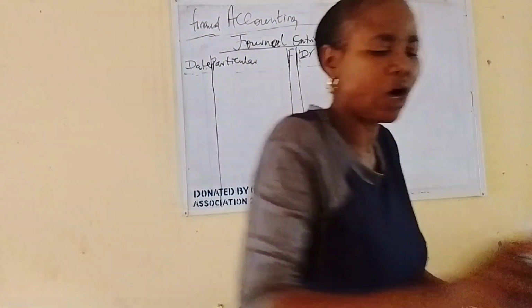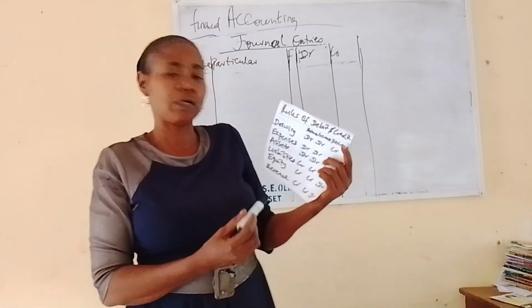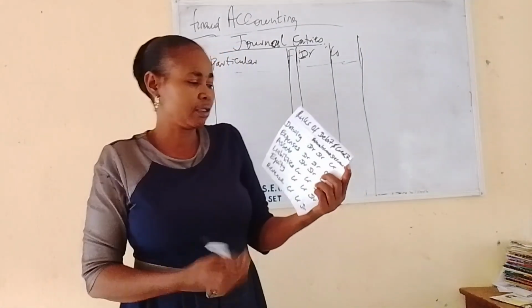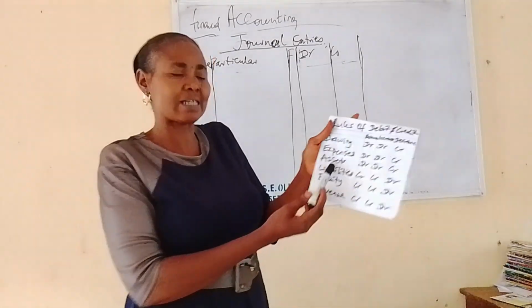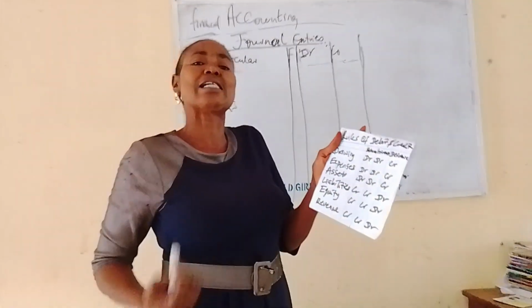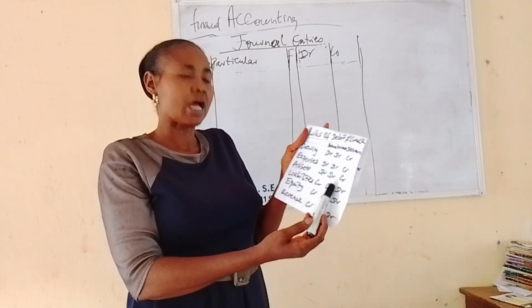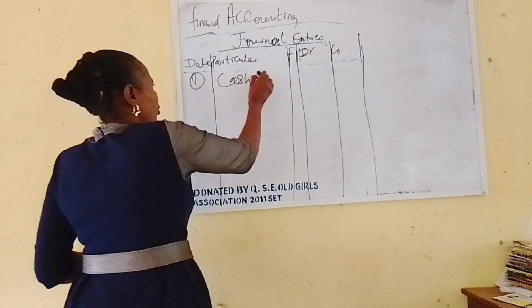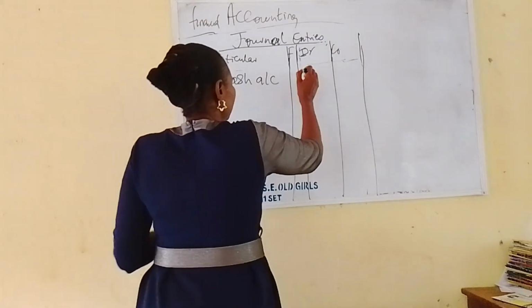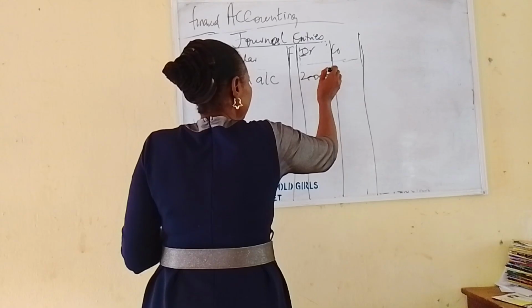If we go to our formula for journalizing, cash is under assets, and cash has increased. When cash increases, we debit. Number one, cash account, 2 million naira.